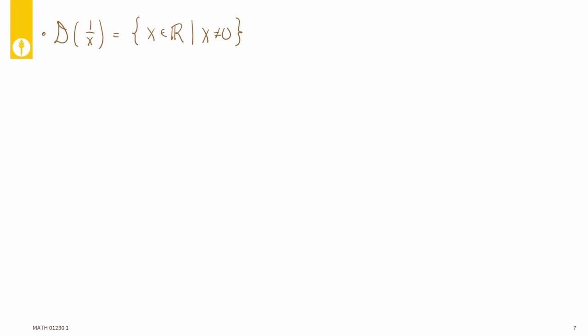Right, so the denominator is never allowed to be 0. That's your first rule. Remember that? Second rule. Yes, this is a fun one. Nth root of x.